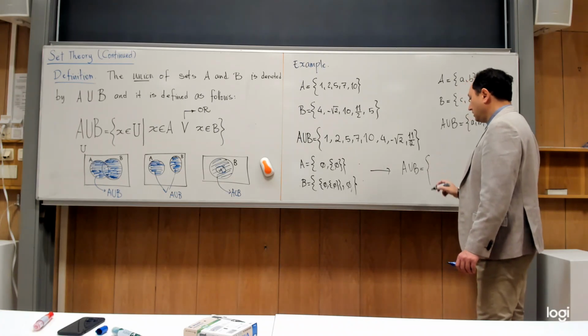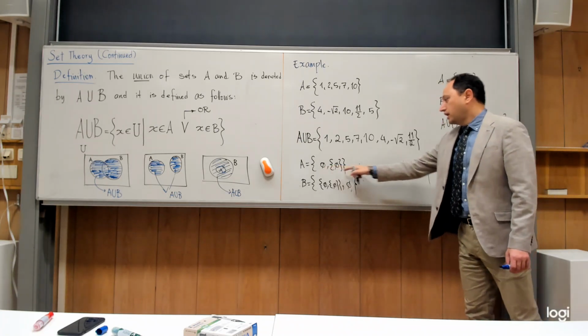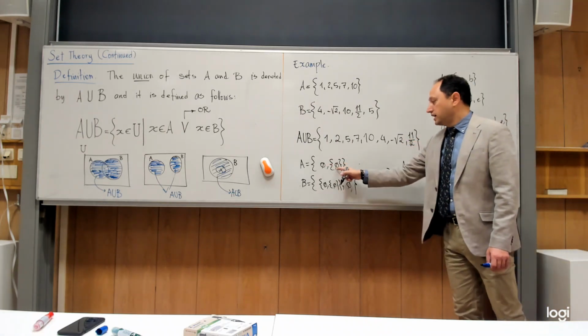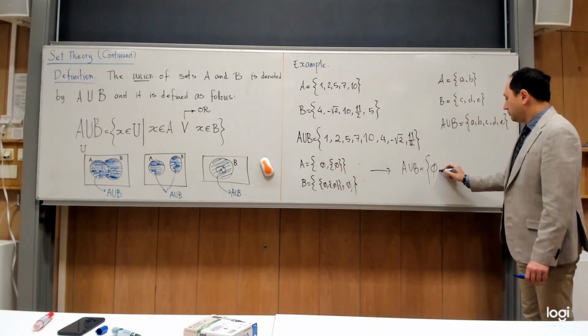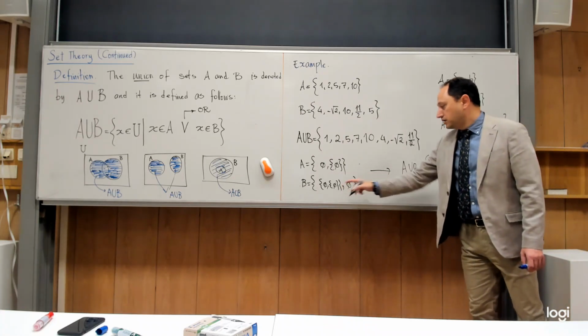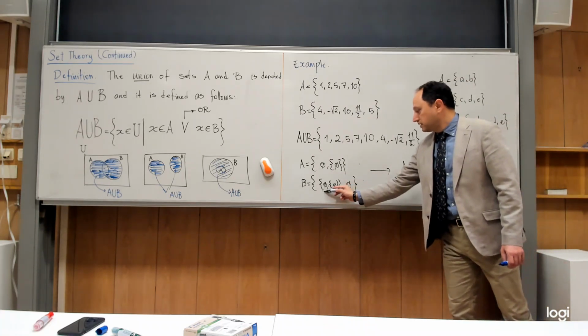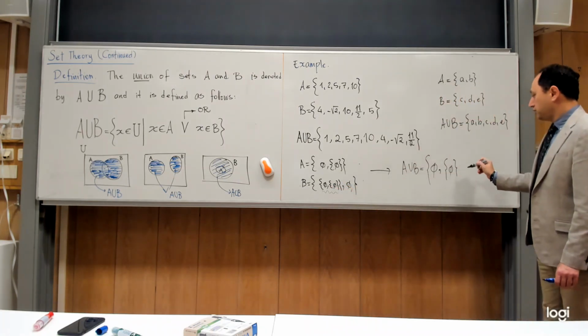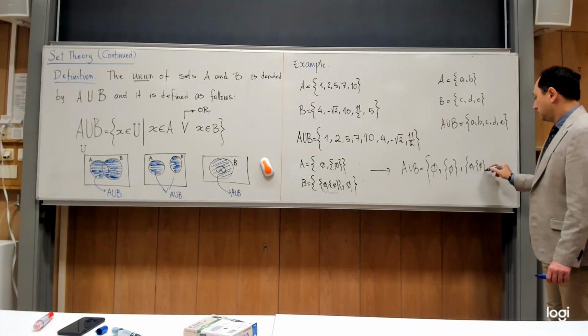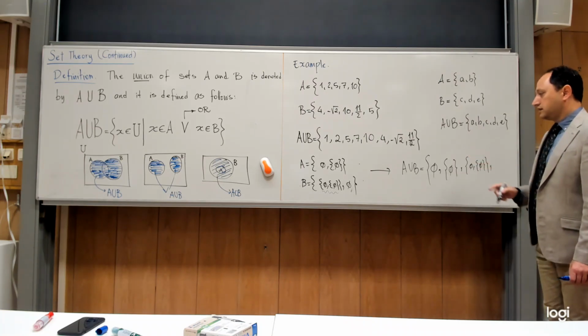So again, what I do, I start writing all the elements. The cardinality of A is 2. It includes 2 sets. So I will repeat both of them here. And when I go here, I have to be careful. The first element is this guy, which is not already repeated. So I will write it down. But should I write the second element?